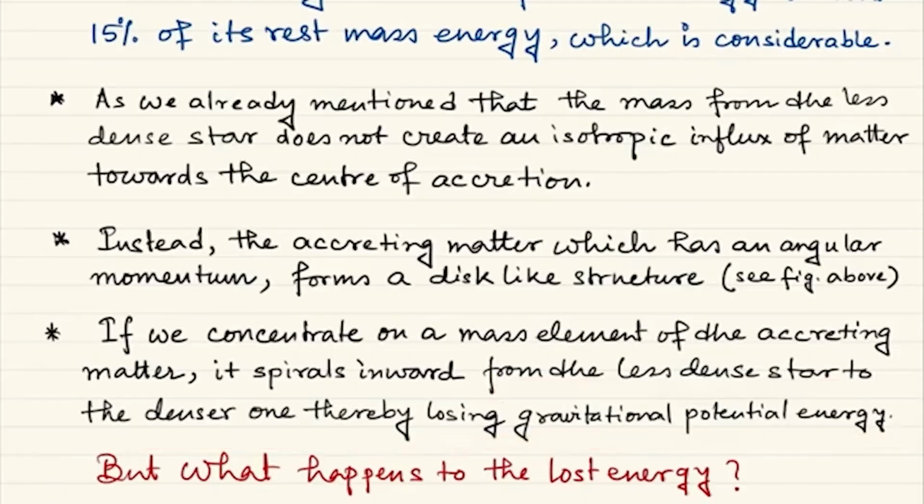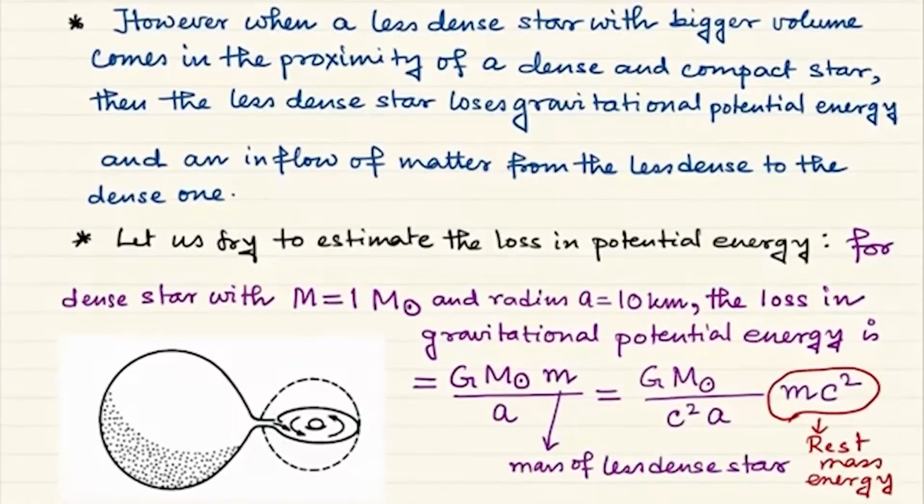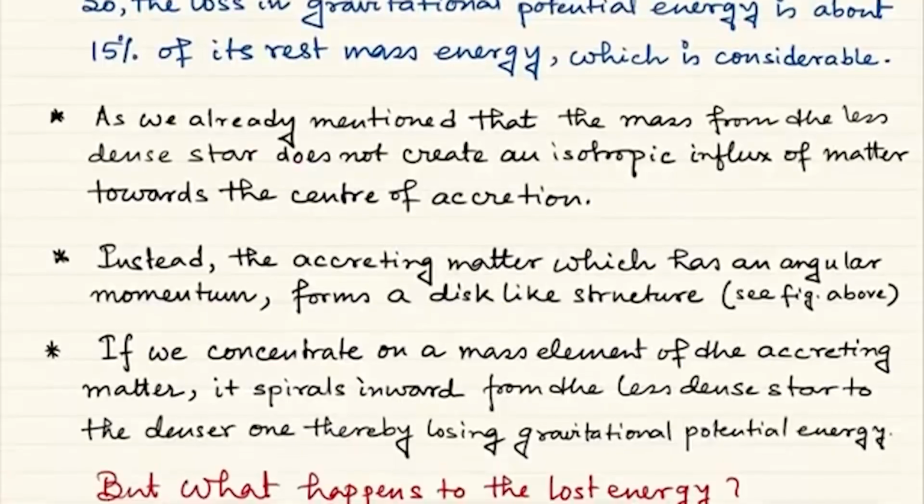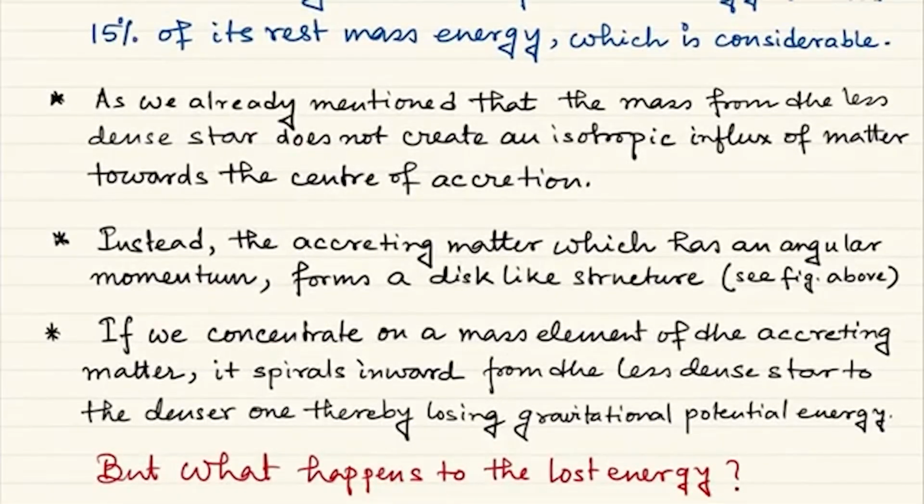Because what is happening is that some amount of mass is now falling in the gravitational field of this star, and this field being attractive makes this system lose its gravitational potential energy. Okay, because the system is doing work supporting the attractive field. So basically the system is losing gravitational potential energy.